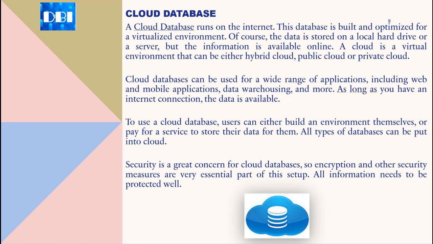As long as you have an internet connection, the data is available. To use a cloud database, users can either build an environment themselves, or pay for a service to store their data for them. All types of databases can be put into the cloud. Security is a great concern for cloud databases, so encryption and other security measures are a very essential part of the setup. All information needs to be protected well.